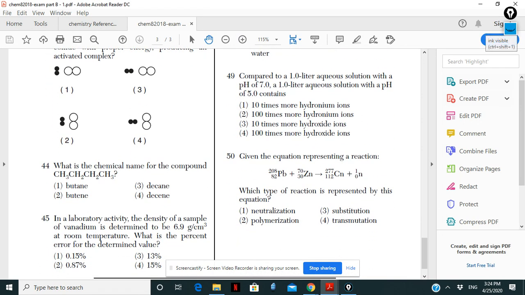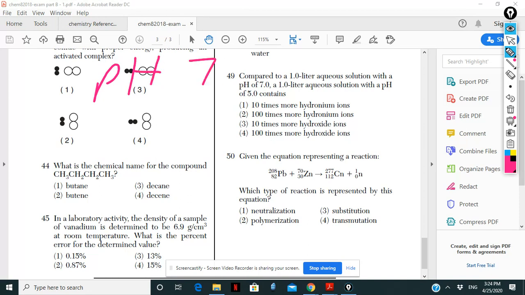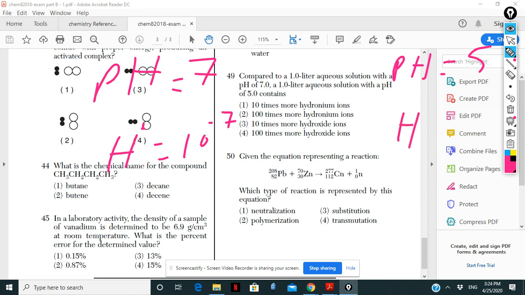Compare 1 liter of aqueous solution with a pH of 7 and 1 liter of aqueous solution with a pH of 5. Now, if the pH is 7, the hydrogen concentration is 10 to the power negative 7. And the pH 5 has a hydrogen concentration of 10 to the power negative 5.